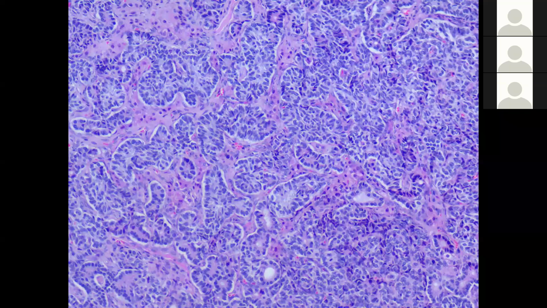But you have to make your observations. Anybody? Does anybody want to describe this quickly? Yeah, I see tubules, in areas more solid sheets, and interspersed maybe some of these eosinophilic cells.